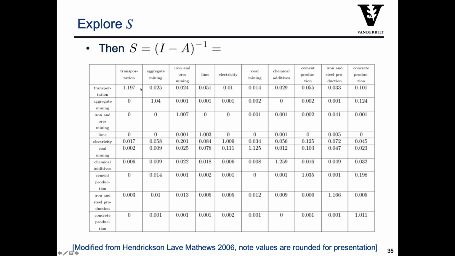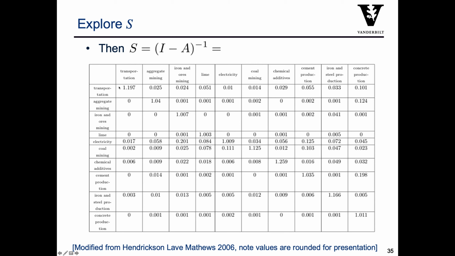Well, there's other fun things you can do with this vector or this matrix S, right? So one thing you could do is you could sum down this column. In other words, add 1.197 to 0 to 0 to 0 to 0.017 to 0.002 and so on, right? What does summing down do?